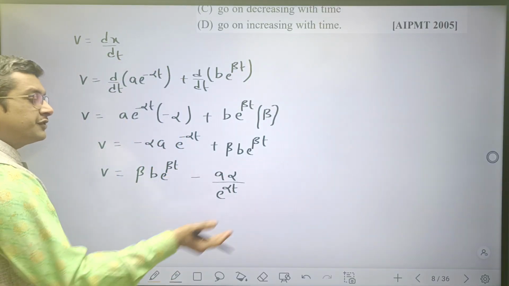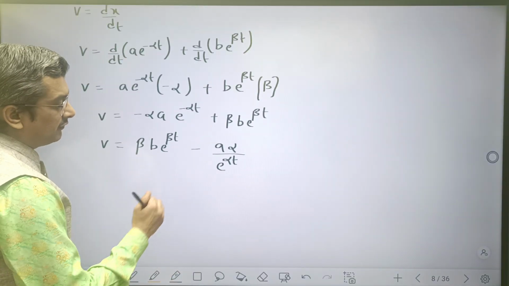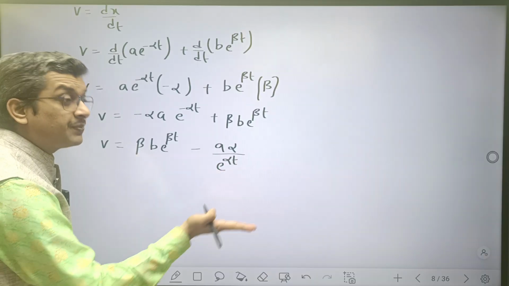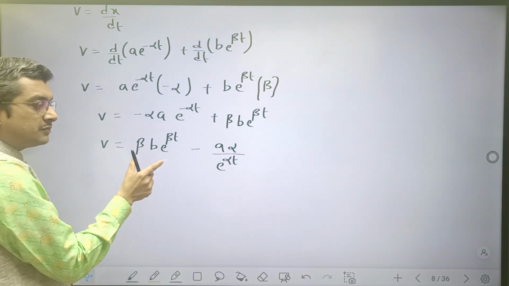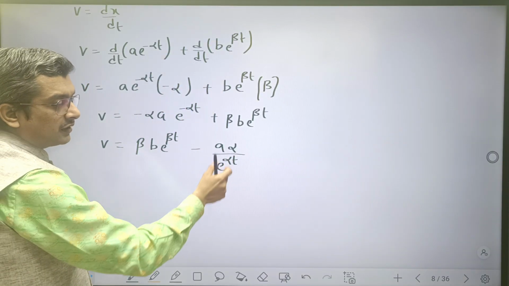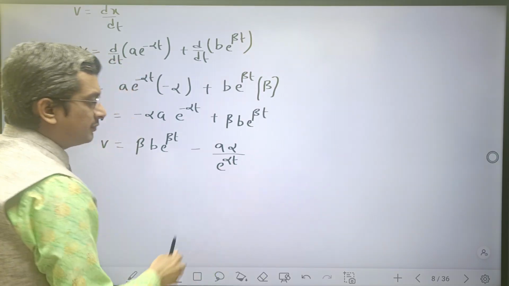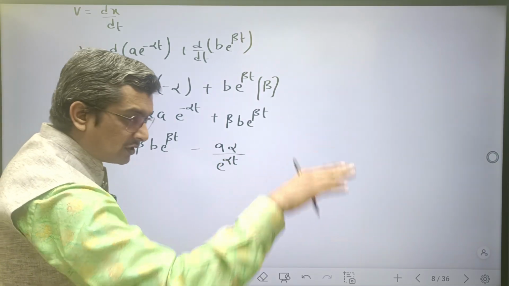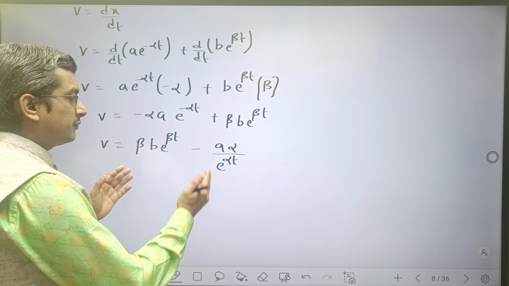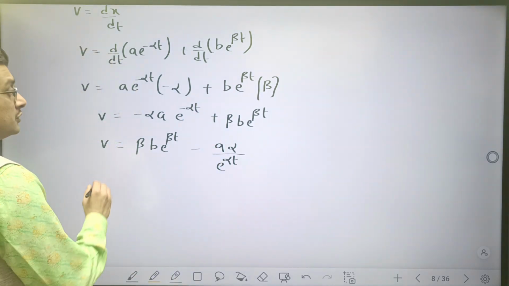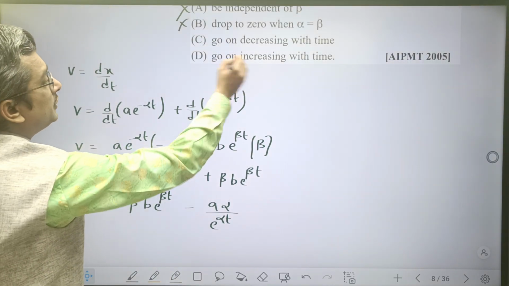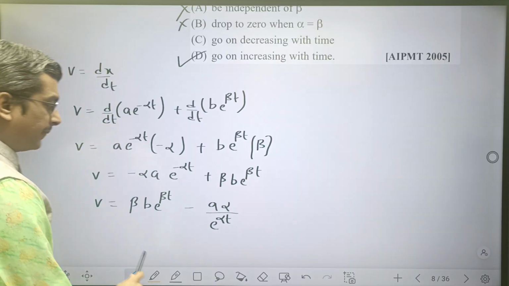So their difference must increase, isn't it? If time increases, their difference must increase because the first term will be increasing but the second term decreases, because here e to the power alpha t is in the denominator, so the difference must increase, so we have more value. So the option go on increasing with time must be correct, isn't it?